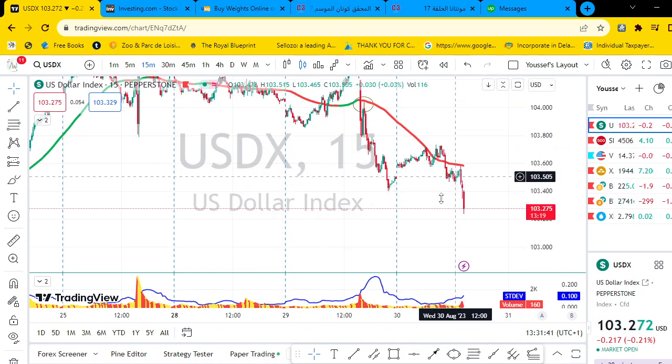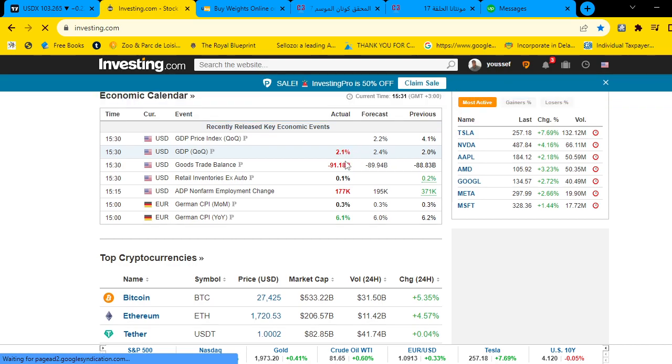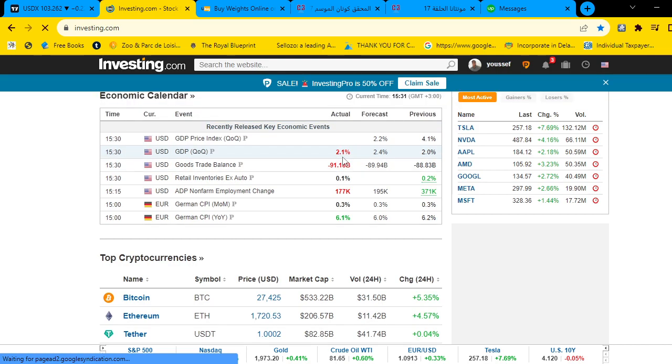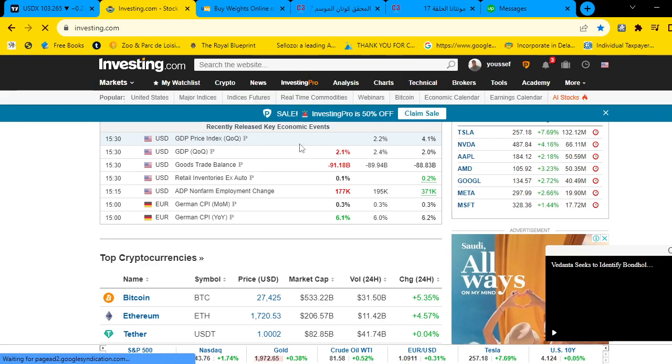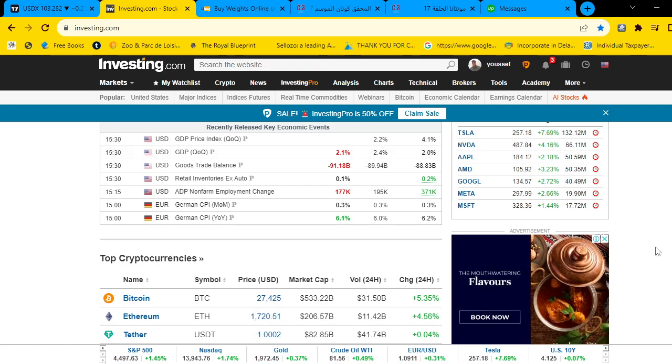Yeah, the US dollar is dropping. Negative, as you can see, but we're still waiting for the GDP Price Index. That's gonna be in red as well.